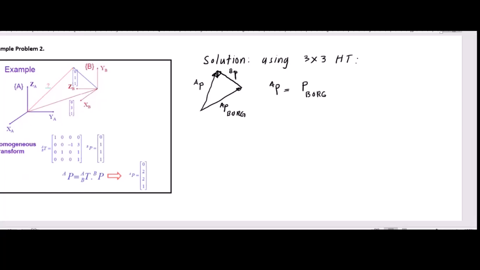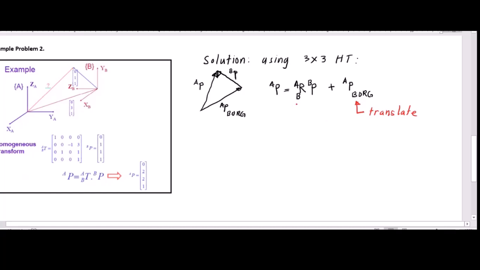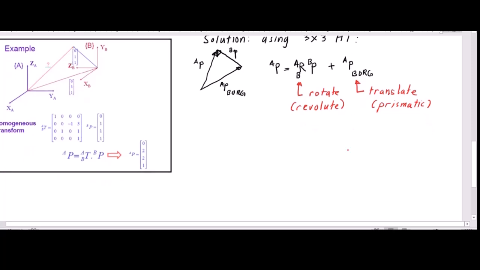You can start with P to B, and the rotation B to A multiplied with P to B. So this is the vector which has undergone rotation, and the PBORG to A. This one is responsible for translation, also known as prismatic, and this one is responsible for rotation, also known as revolute. Okay, so with that, we are able to solve.